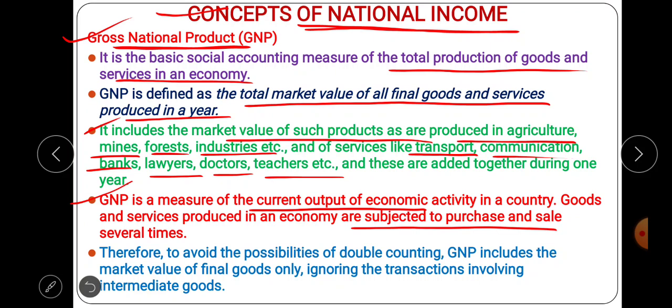Therefore, to avoid the possibility of double counting, GNP includes the market value of final goods only.